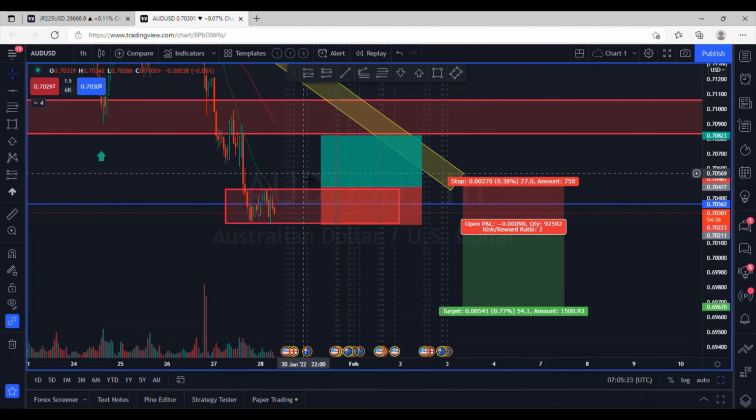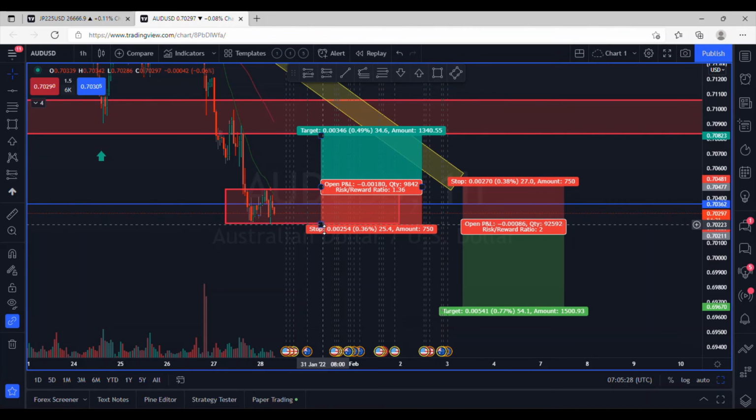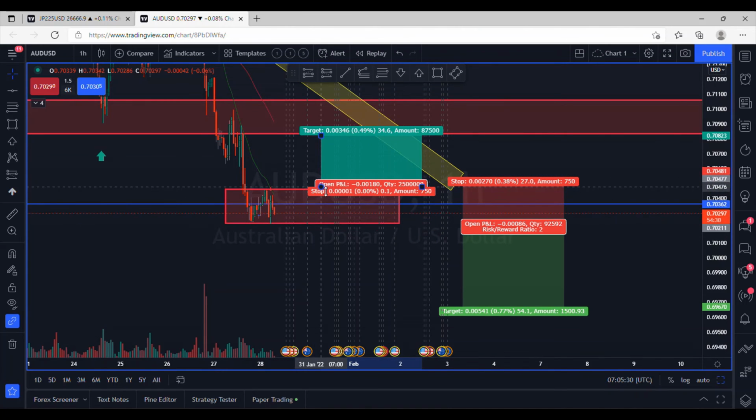Price then goes back up again. At that point, I'd move my stops to entry. If you put them to entry, you are then risk-free within this trade, and you can go about your day, not worry, and come back to it at a later date and see what's happened.